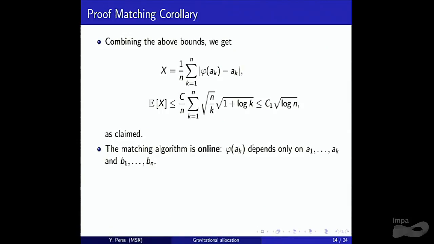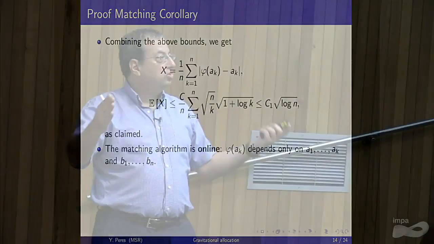One drawback is that this is very badly behaved if I'm interested in maximal distance traveled, because when I have only one blue point left, the last red point arrives at a uniform point, and it will travel a large distance of root n, basically the diameter of our manifold, before it gets matched.